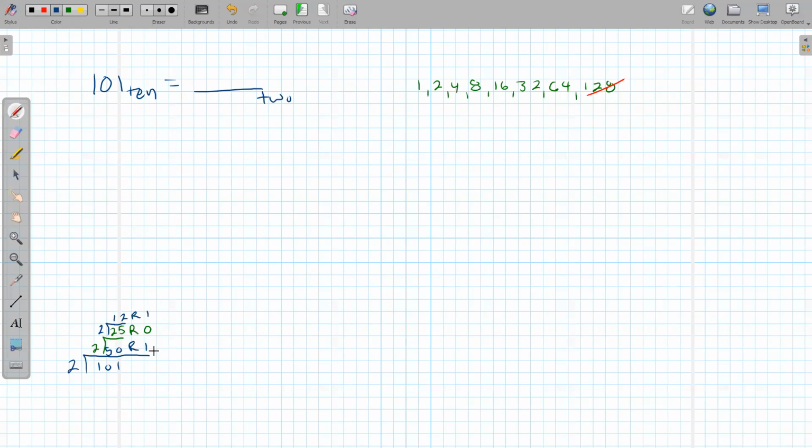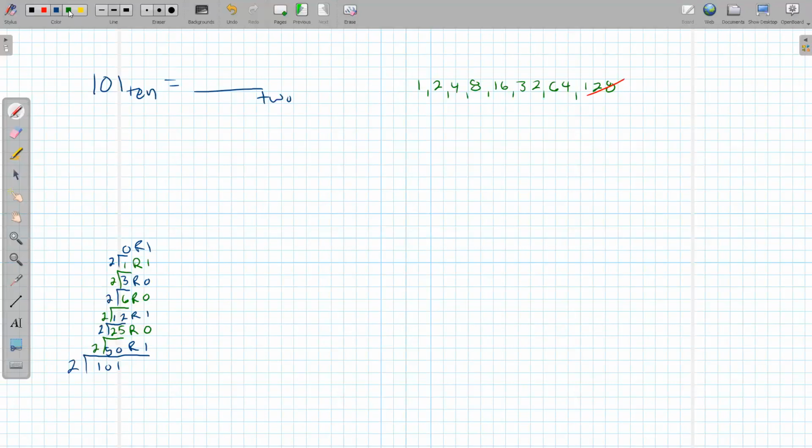Cool thing about remainders in base 2, they're zeros or ones. Okay, I think I got an answer.